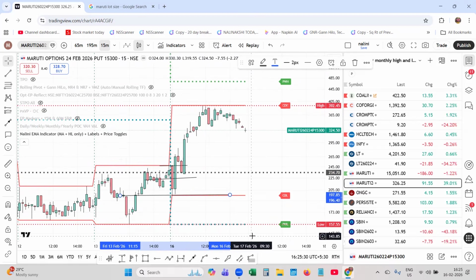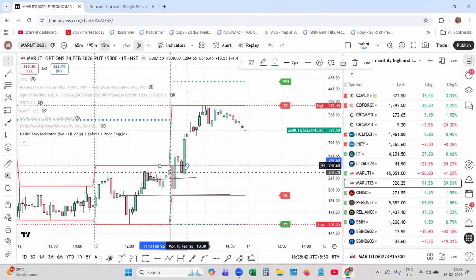That is the first indication. It came around 197. And as an intraday trader, you need confirmation. After confirmation only, we enter into the trade. So it fetched almost from 225 to 394.